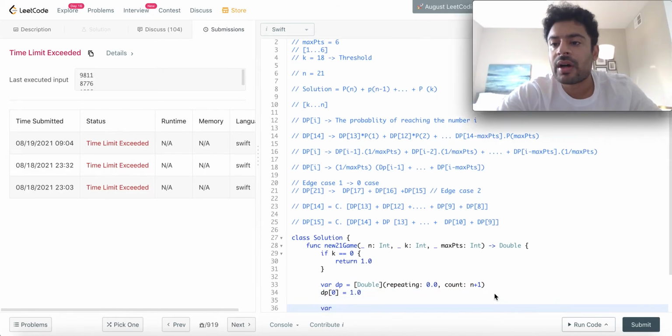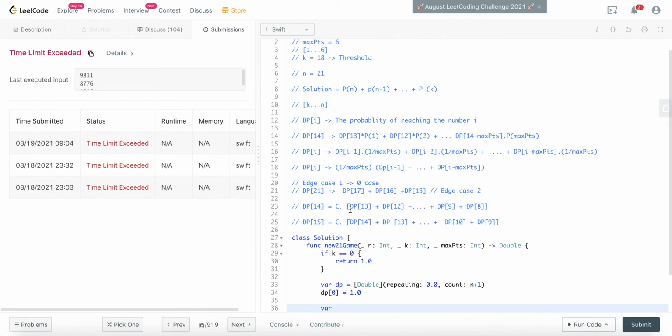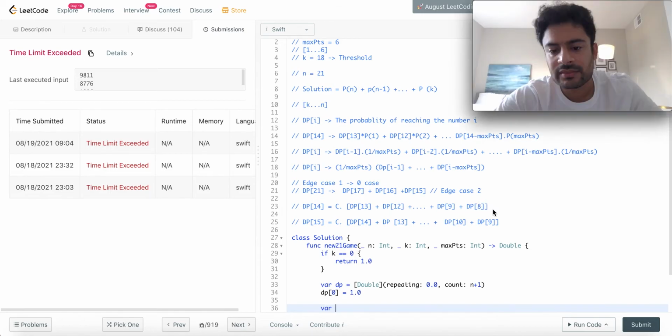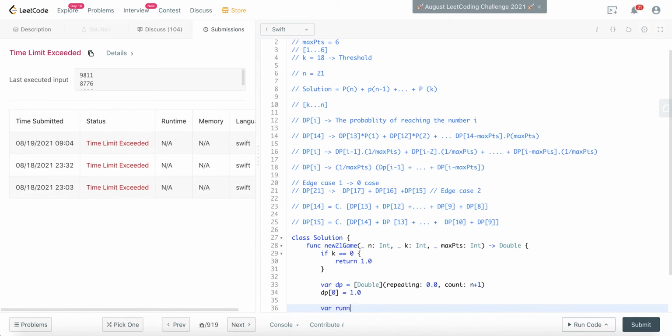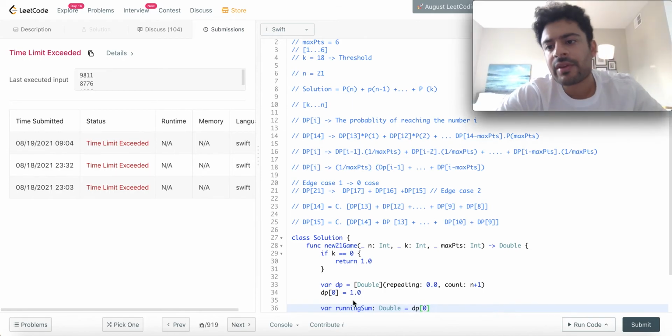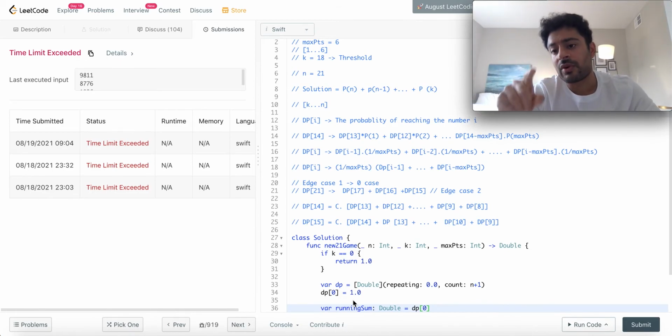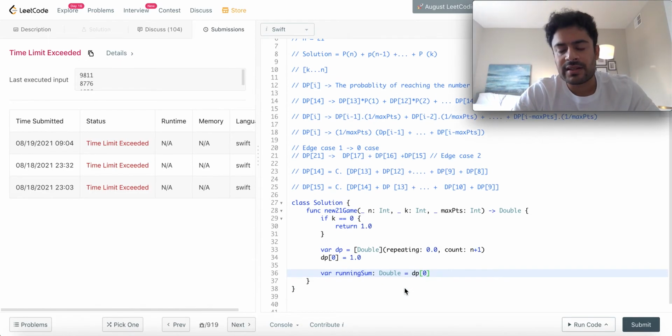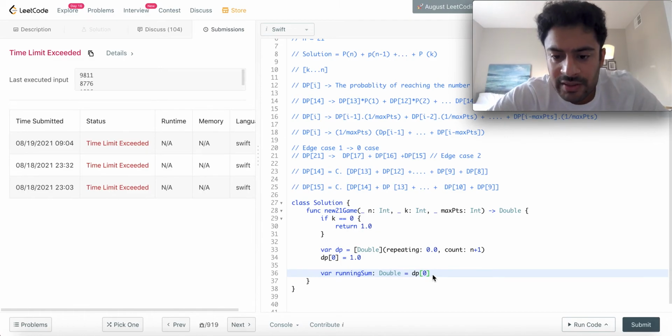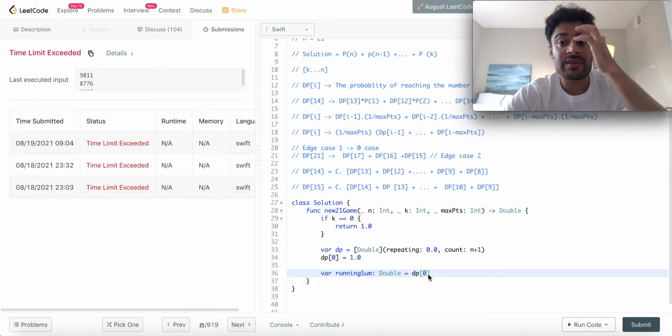Now I'm going to introduce the running sum. The running sum will be this numerator value. I'm just going to call this running sum. It will be a double of dp of 0. I'm going to start my for loop from 1. So for dp of 1, the numerator will just be dp of 0, right? That's the only number that comes before it.